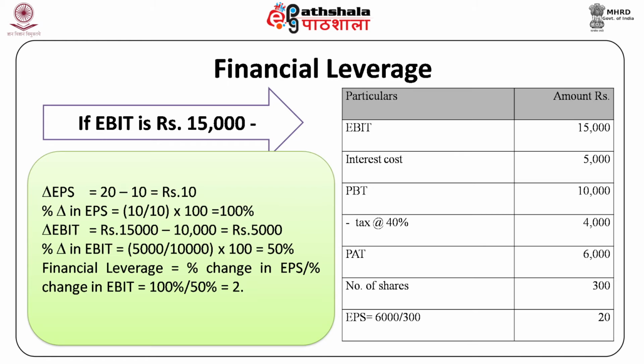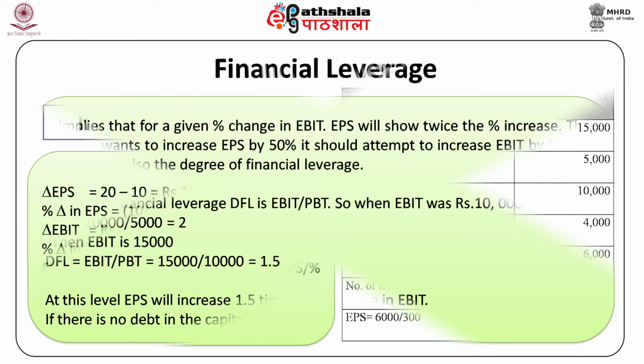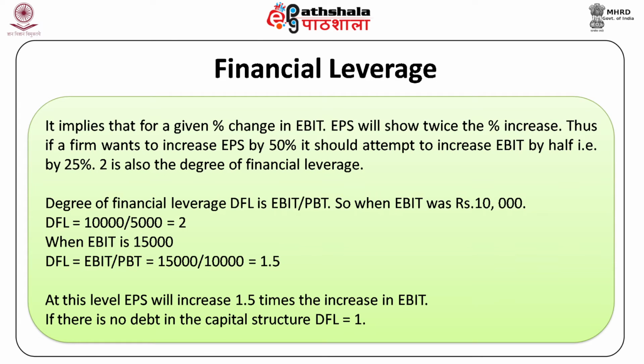So the financial leverage is equal to percentage change in EPS divided by percentage change in EBIT, which is equal to 100% divided by 50%, equal to 2. It implies that for a given percentage change in EBIT, EPS will show twice the percentage increase. Thus, if a firm wants to increase EPS by 50%, it should attempt to increase EBIT by half, that is 25%. 2 is also the degree of financial leverage.